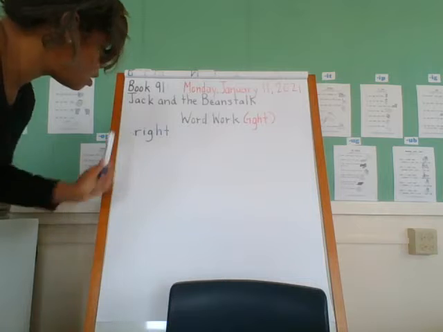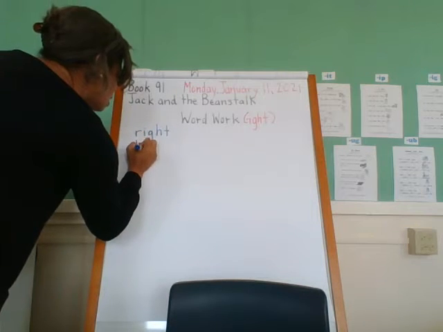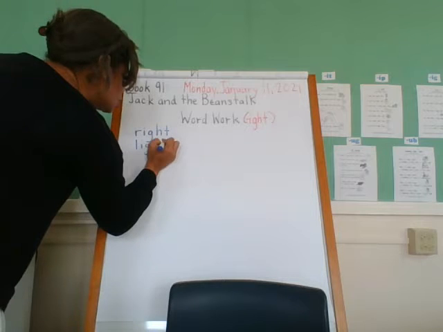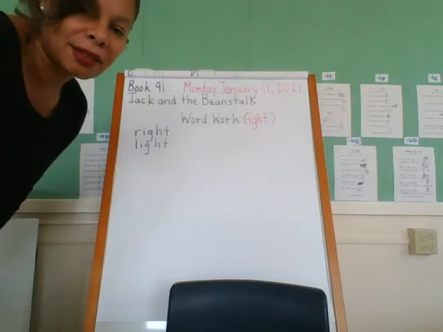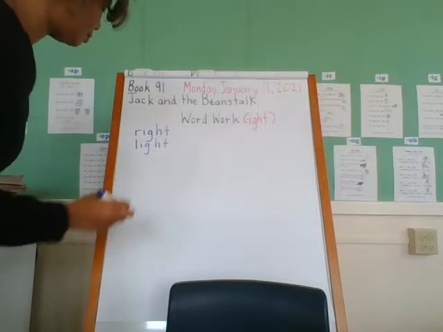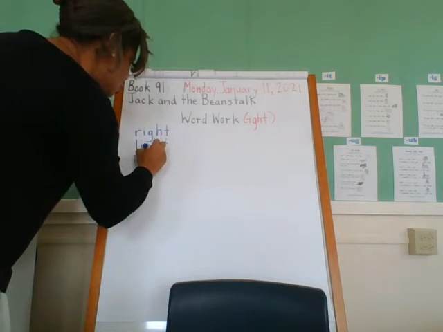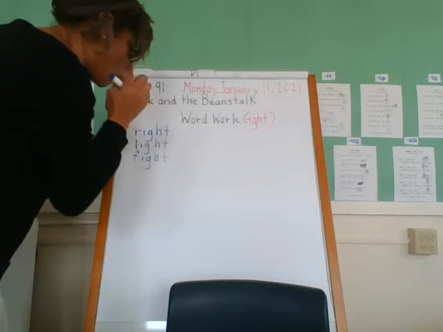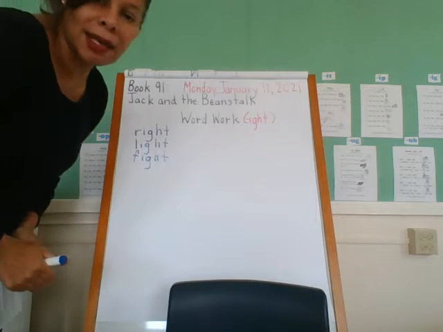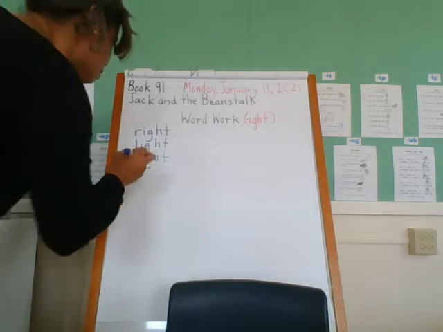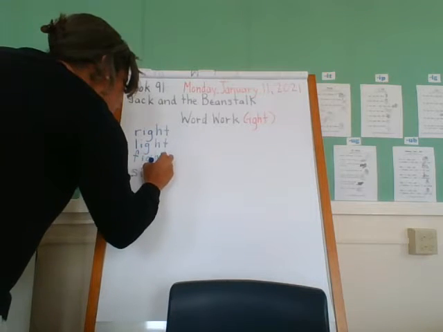So you're going to change the R to an L. I-G-H-T. Next, I want you to write the word "fight." F-I-G-H-T. Okay, next word, "sight." Look with your eyes, sight. S-I-G-H-T.